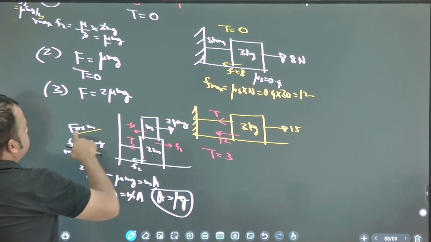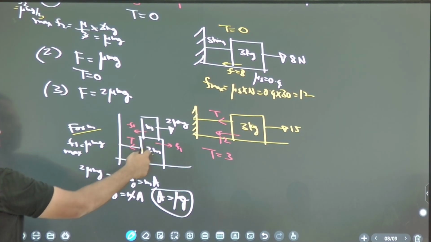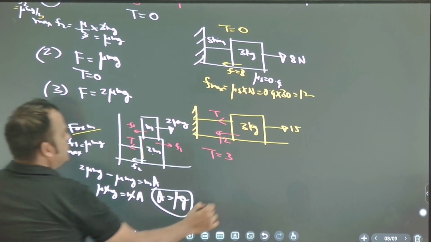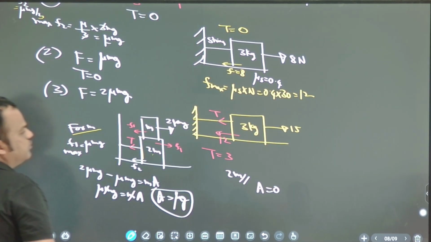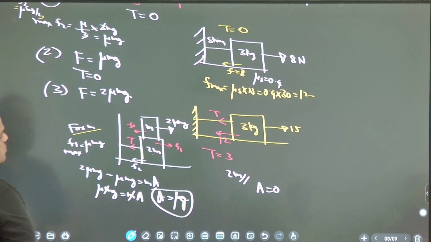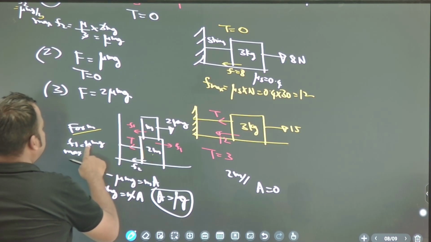That is the acceleration of m. What is the acceleration of 2m? Acceleration of 2m is 0. So the F1 value we got is mu mg.